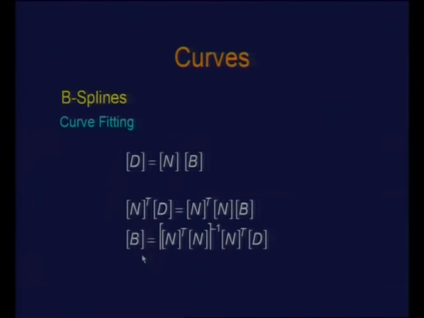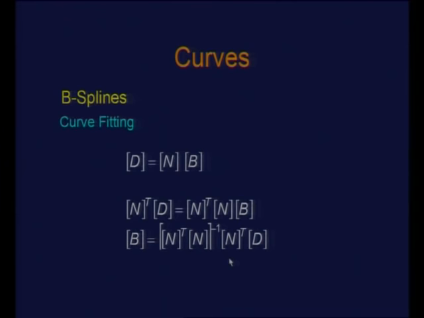But that is something one may want to compromise by reducing the number of control points for fitting the data. So, this enables us to have a B spline curve interpolating the data points defined through D.